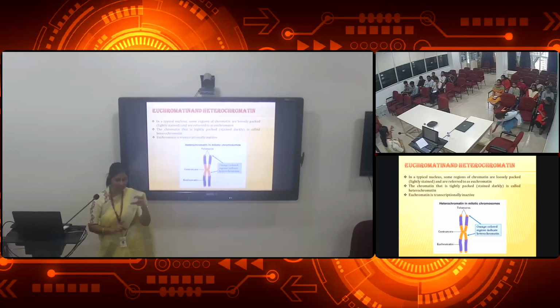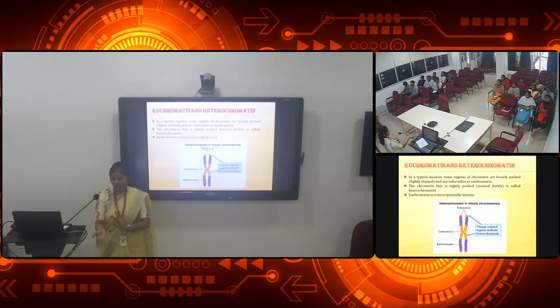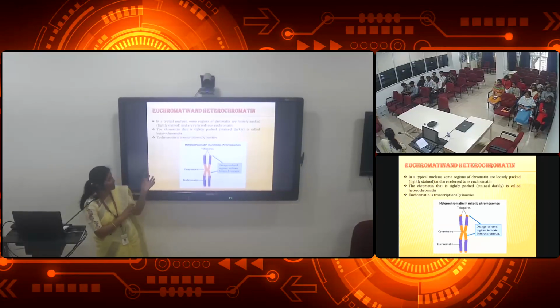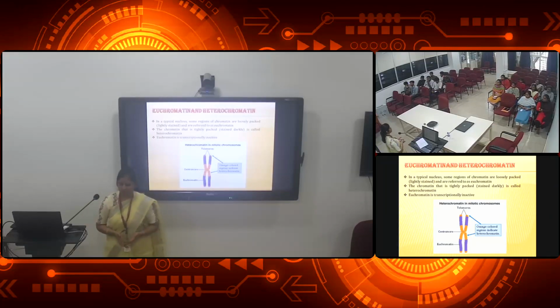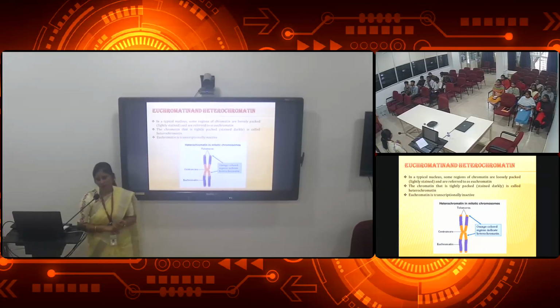The first step: the double stranded DNA is converted into single stranded mRNA. Okay, this process takes place in the euchromatin region. Okay, so heterochromatin is a tightly packed region, euchromatin is a loosely packed region. So only when it becomes loosely packed will the DNA unbind. Okay, after unbinding it becomes mRNA.